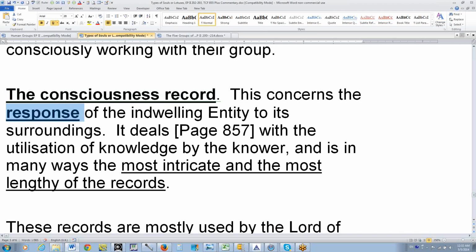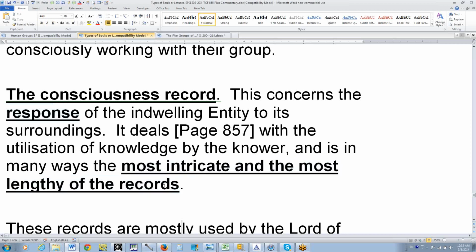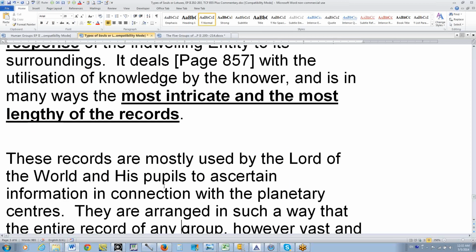It deals with the utilization of knowledge by the knower, and is in many ways the most intricate and most lengthy of the records. Oh my goodness, well, these are just hints to show the kind of mind that is required to create and utilize these karmic records.